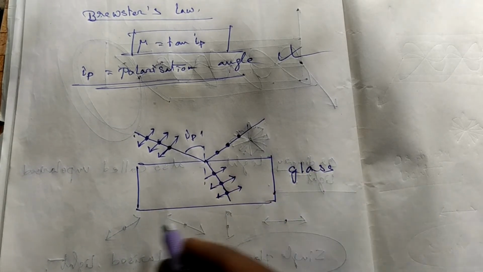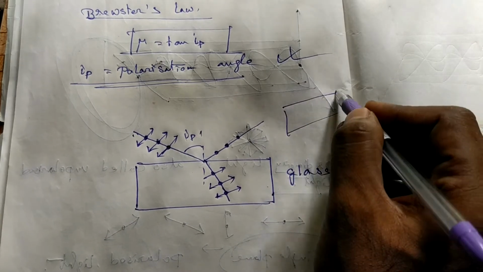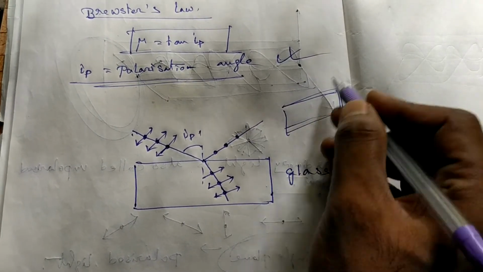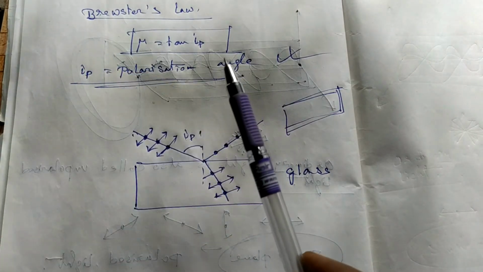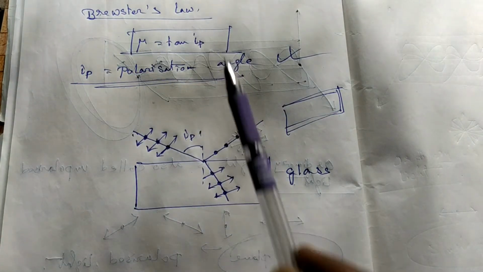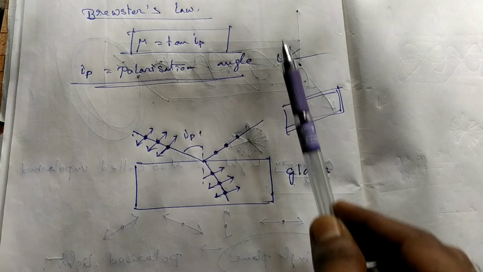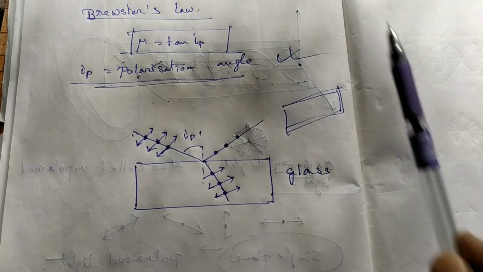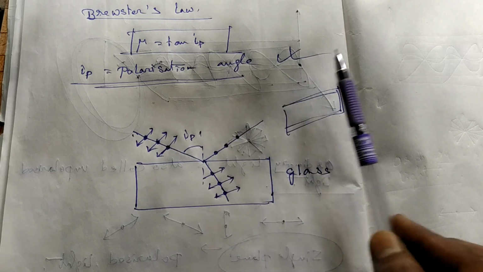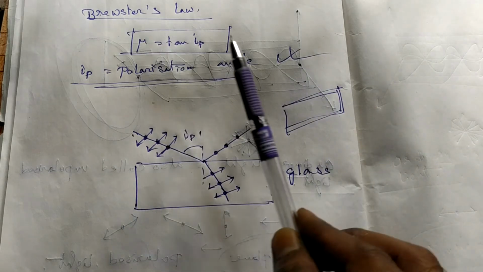Suppose this is the upper space of the material. Some vibration goes like this, and after reflection it comes out in this direction.